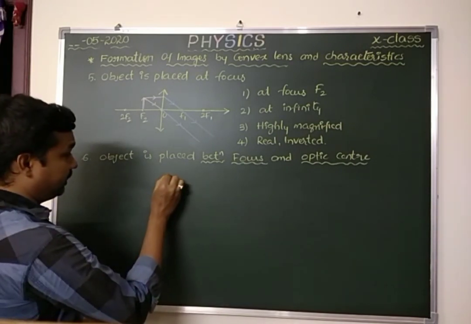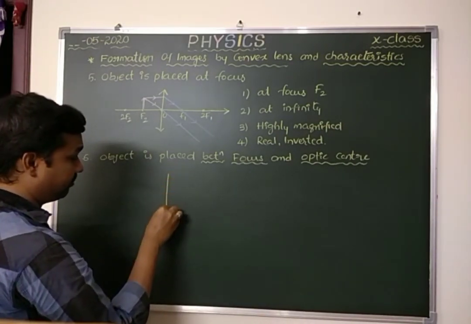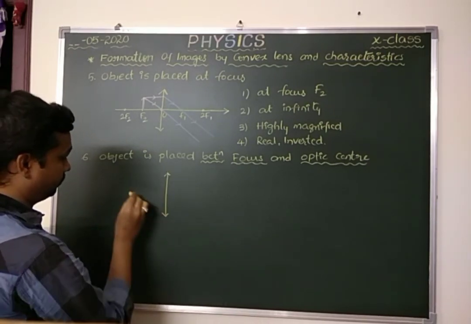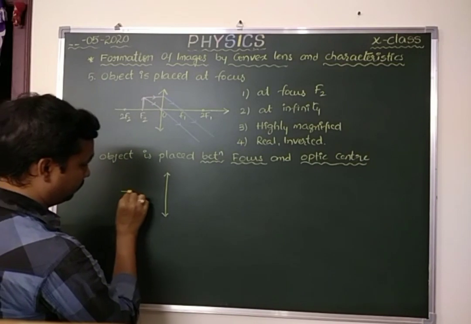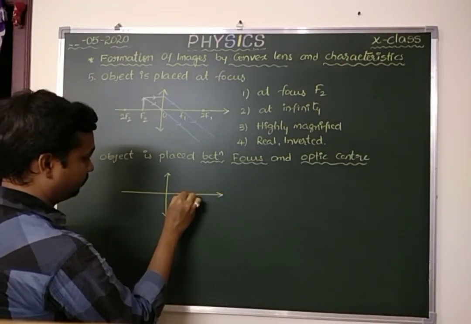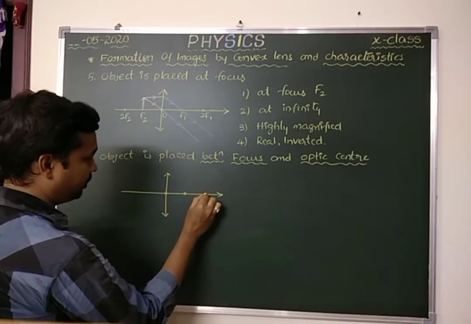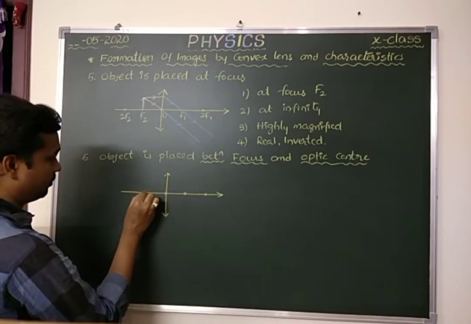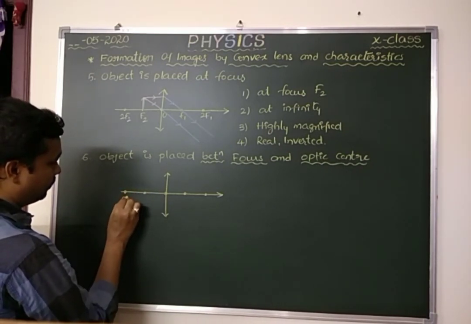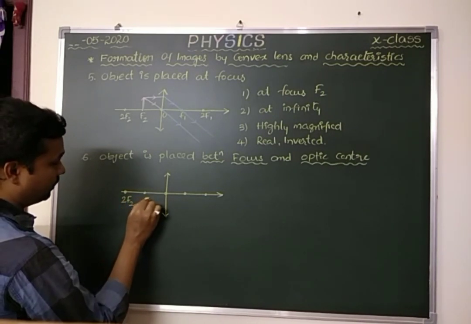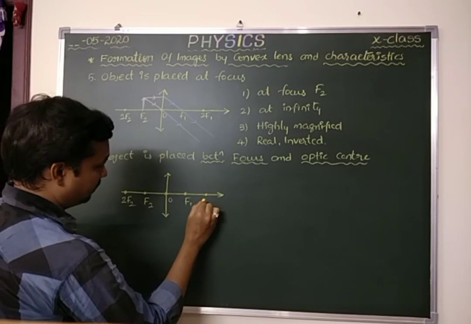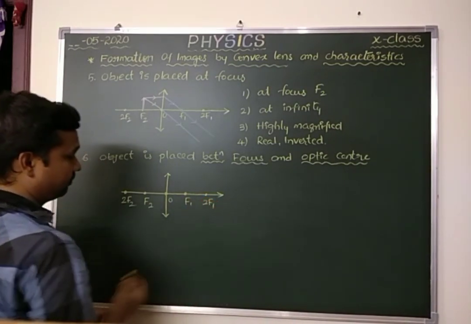Right now we are taking the diagram. Representation: F2, optic center, F1.